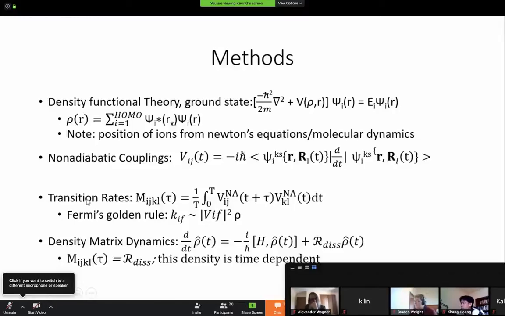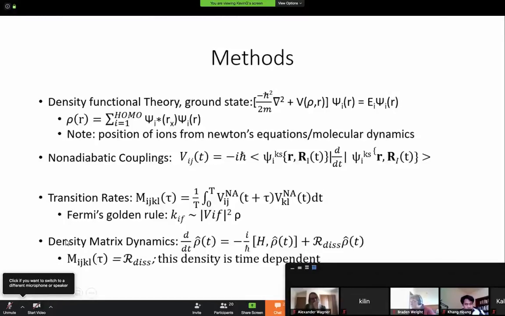I just wanted to point out very quickly that this is analogous to Fermi's golden rule right here. So this is proportional to the charge density right here. So this rate is proportional to the charge density. Just wanted to quickly point that out.